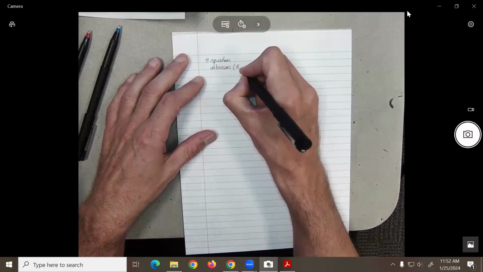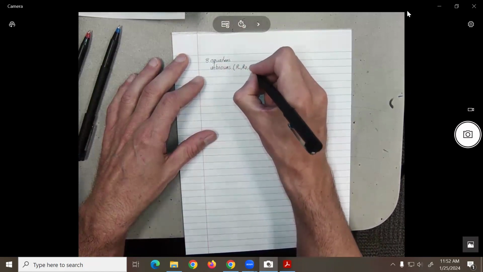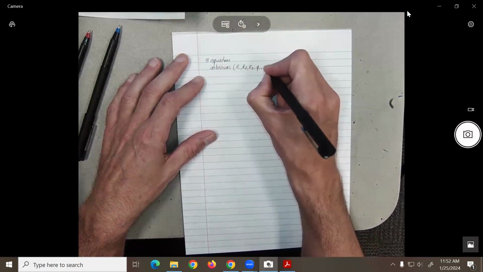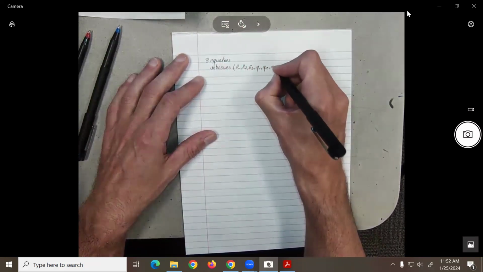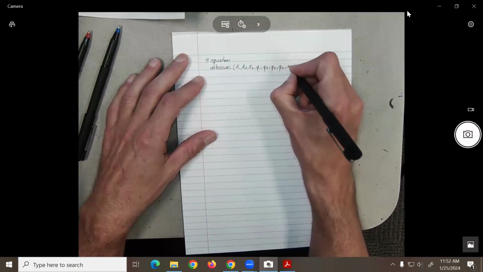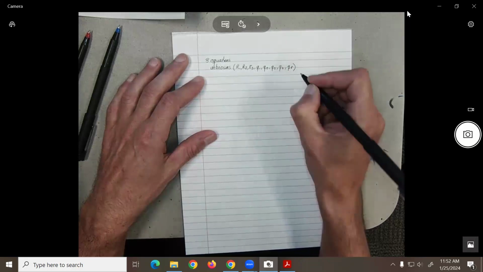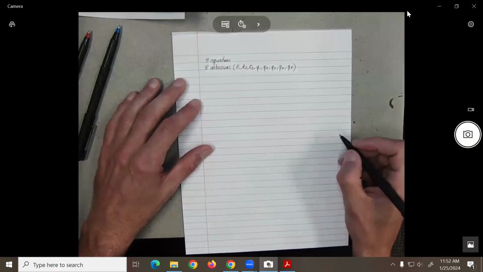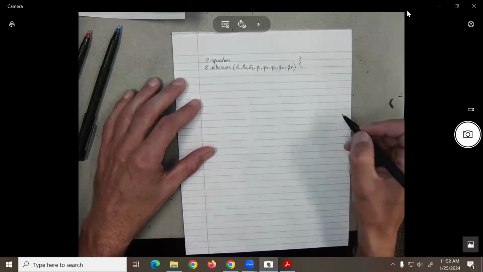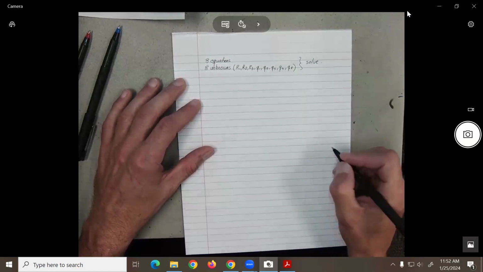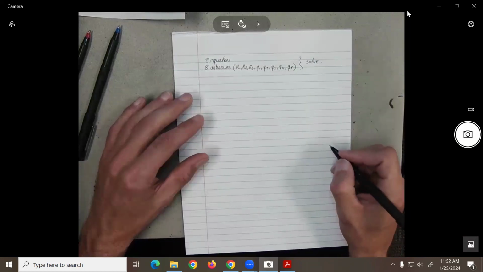We have R1, R2, R3, Q1, Q2, Q3, Q4, Q5. So how many unknowns is that? 8. So 8 equations, 8 unknowns. What can we do? Go and solve it.